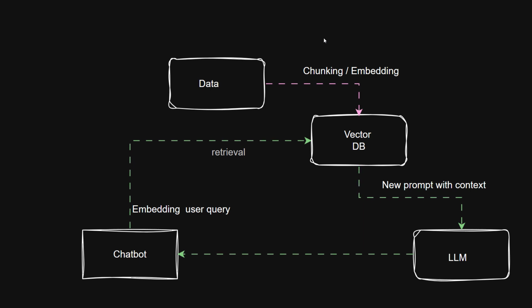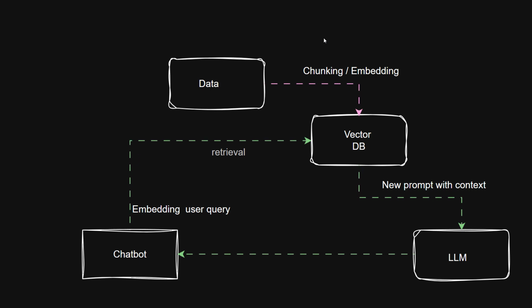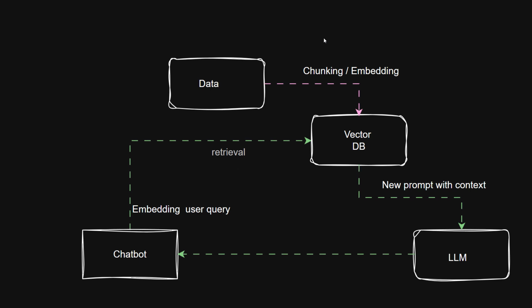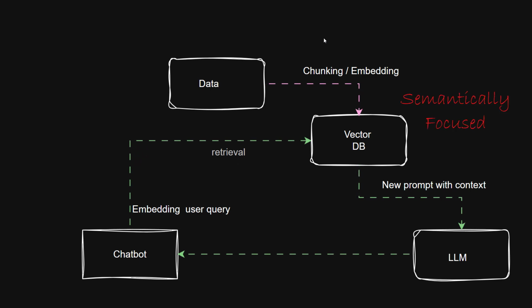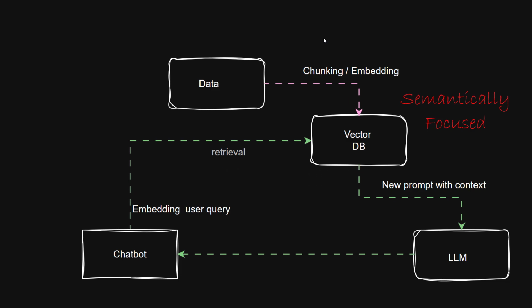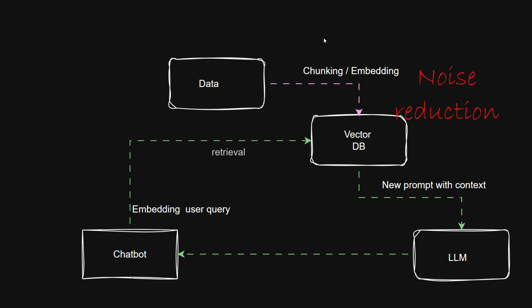And this is all to improve the performance during the similarity search, because each chunk is more semantically focused. So this is what you have to understand, that each chunk may be more semantically focused. Okay? And it does reduce the noise.